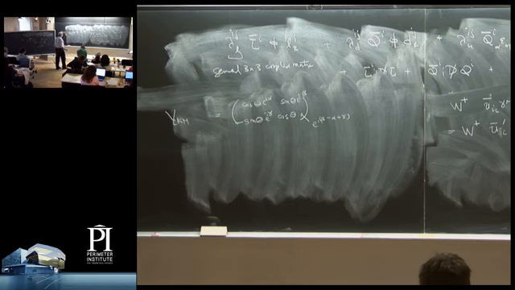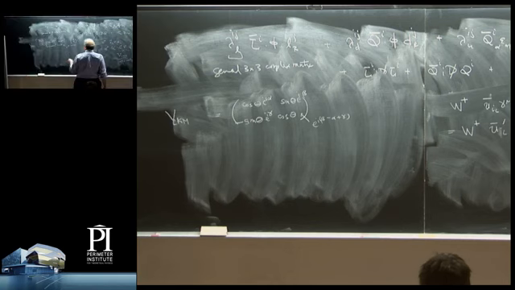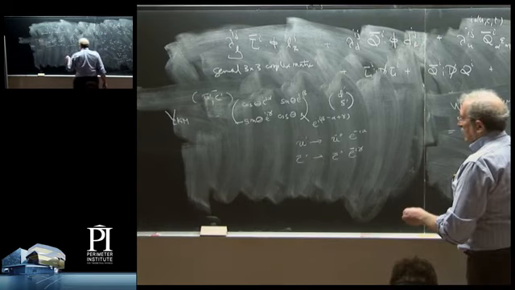Now, I'd just like to notice that if I make the following definitions, if I let U prime go to U double prime times e to the minus i alpha, if I let C prime go to C double prime times e to the minus i gamma, then I can soak up the alphas and gammas.